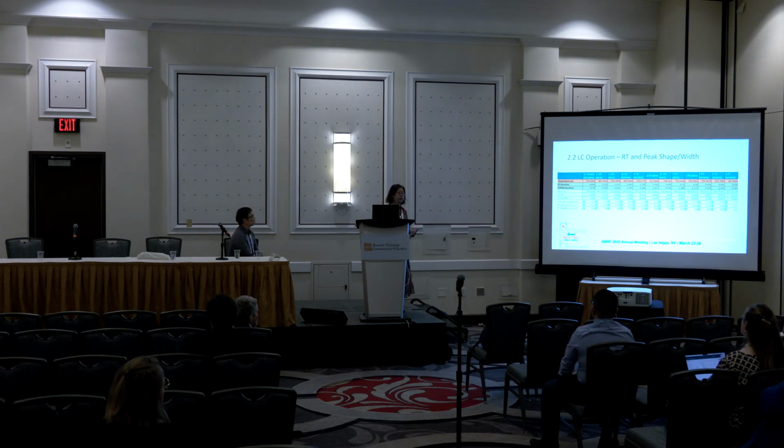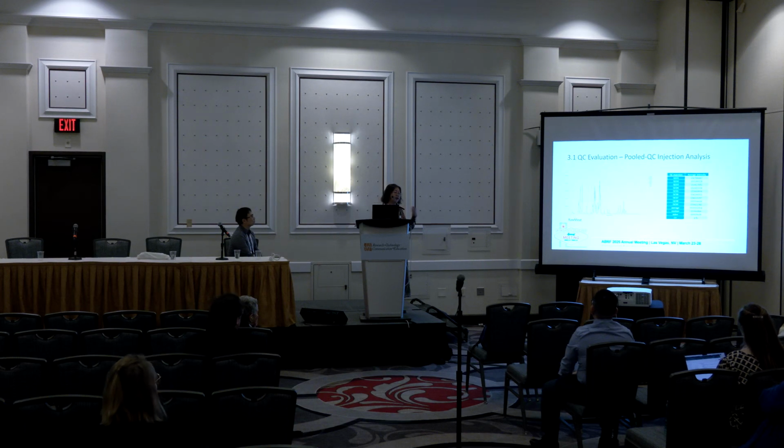Then I began to run my samples, my QCs, my blanks. After I finish the run, the first thing I do is the QC evaluation. For this run, I have 9 QCs. So I will overlay the QCs together.